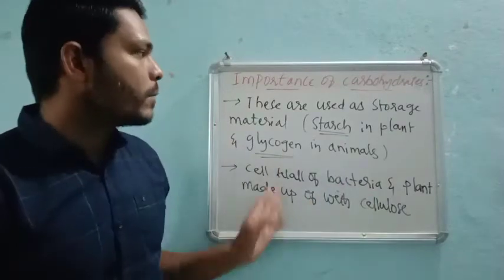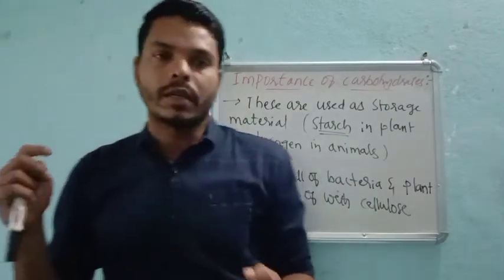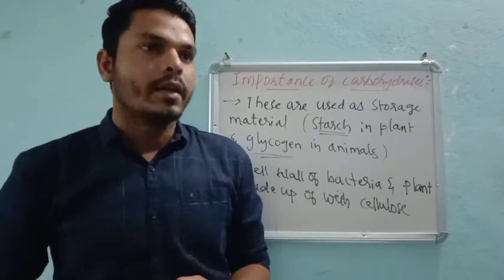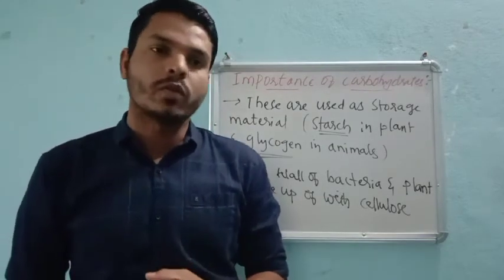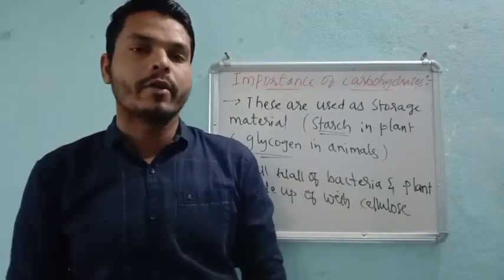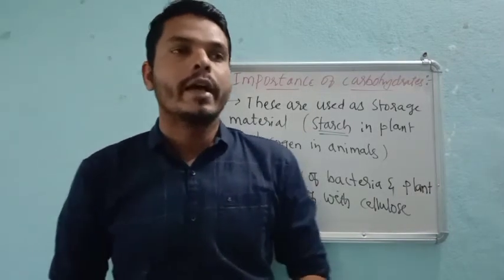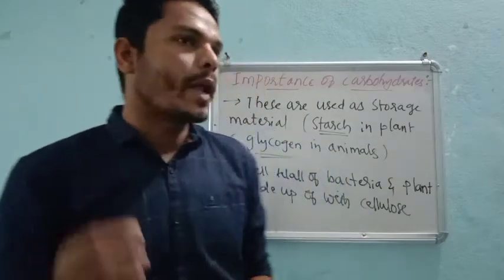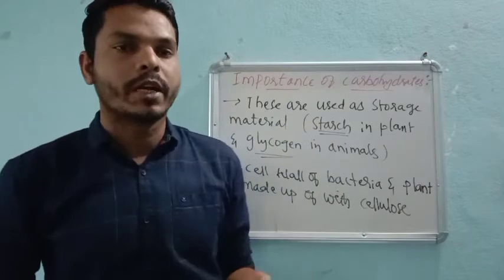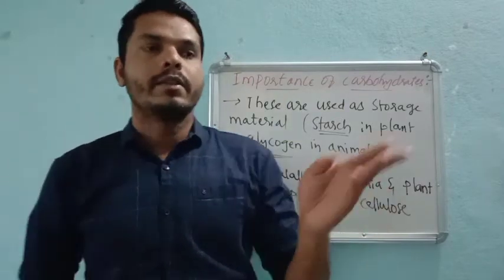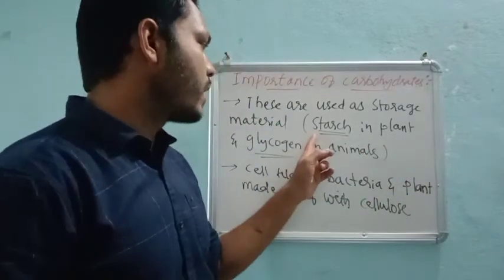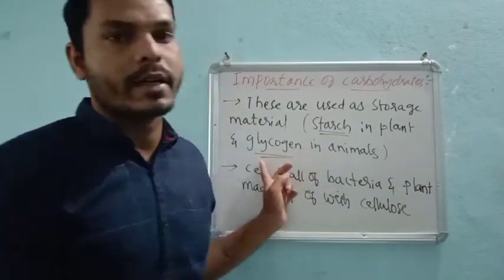So these are some important things. They are essential not only for animals but also for plants. And honey is an instant source of carbohydrate, and the carbohydrate ultimately provides energy. And the cell wall of plants as well as bacteria is made up of cellulose, and these are used as a storage material, like in a plant as starch and in animals as glycogen.